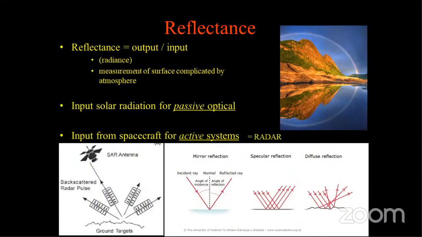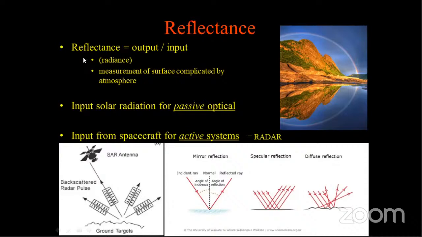I told you the reflected energy is basically your target, the one you would like to have some interest in, because this gives you fair chances of science through remote sensing. Reflected energy is basically called reflectance.